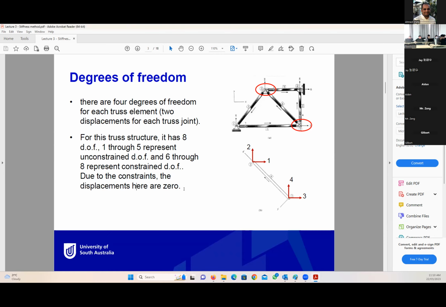Because the support prevents the movement, it makes the displacement known to us, and the displacement will be 0. So for this truss, how many unknown degrees of freedom? 5. And how many known constraints or known displacements? 3, from 6 to 8.